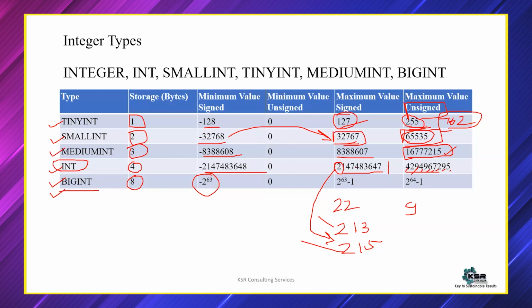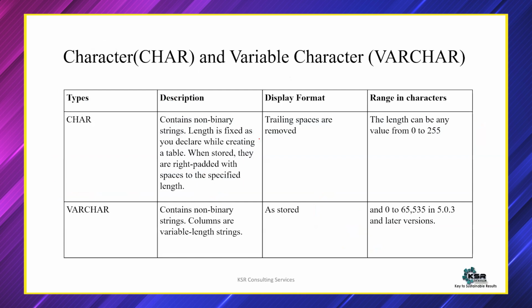Anything less than a mobile number, they can go with integer only. You may not reach this limit, rare case, but if you are inserting anything more than a mobile number or even a mobile number, always blindly go with big int.